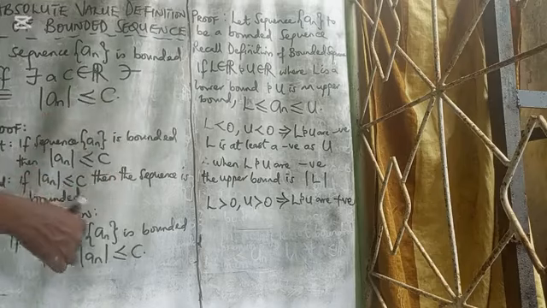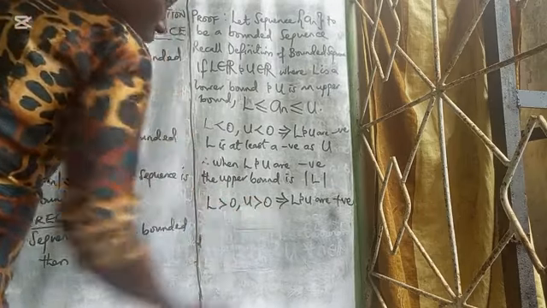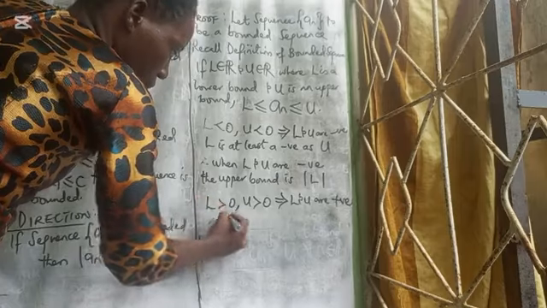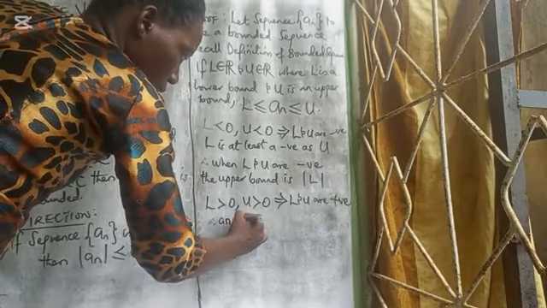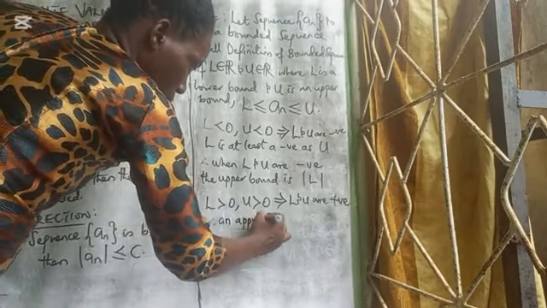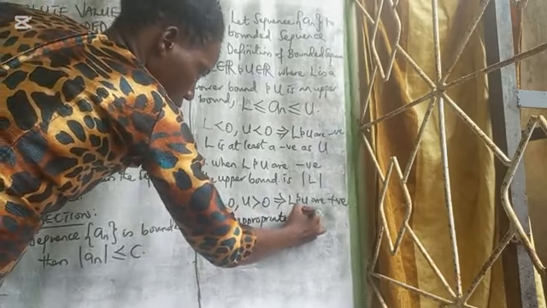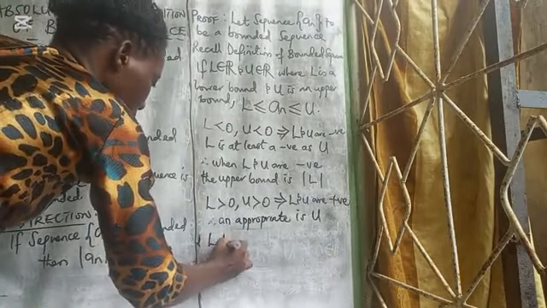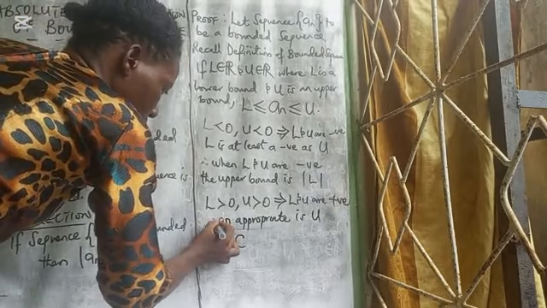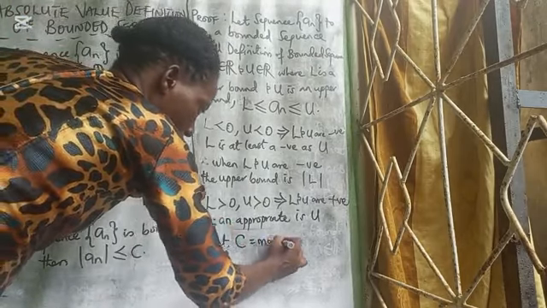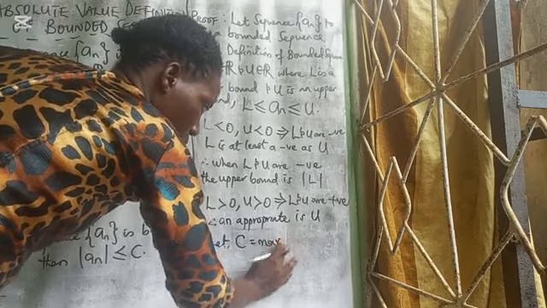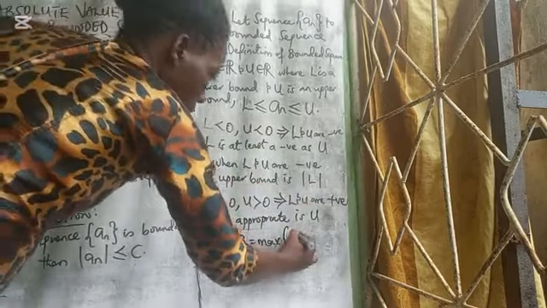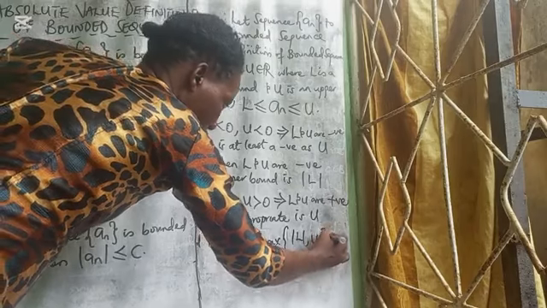Will be our U. If L and U are positive, as we have here, therefore, an appropriate upper bound is U. Now let C be the maximum of the absolute value of L and our U.